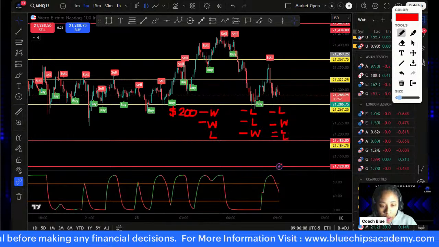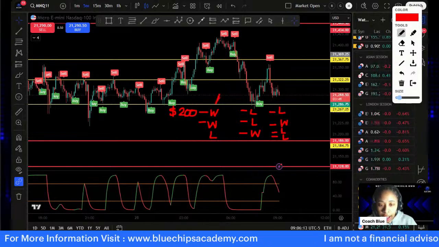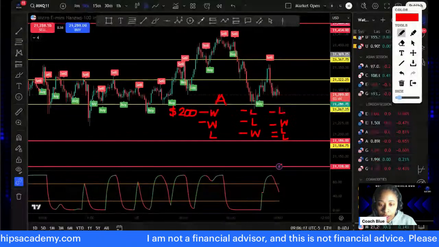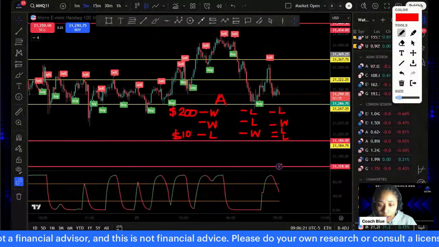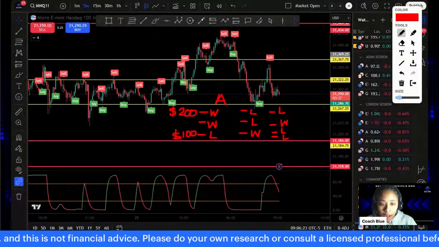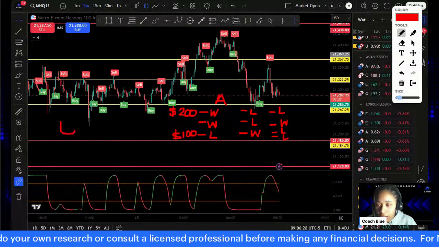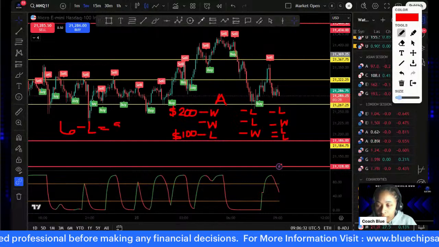So for every win, Trader A made $200, and for every loss, they lost $100. That means they had 6 losses, so they lost $600.